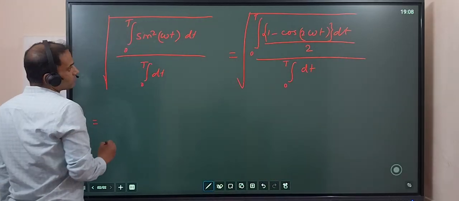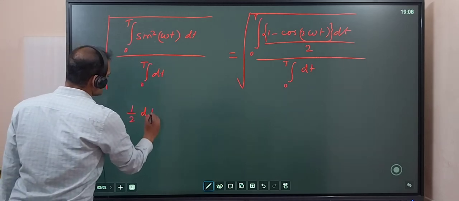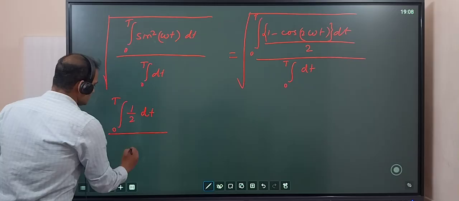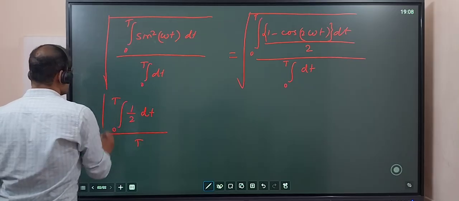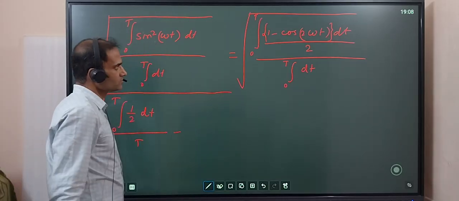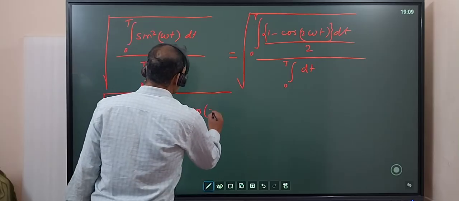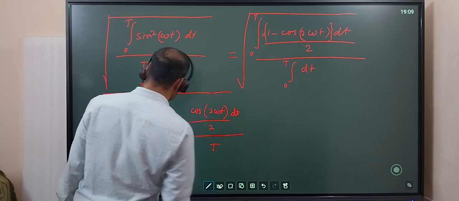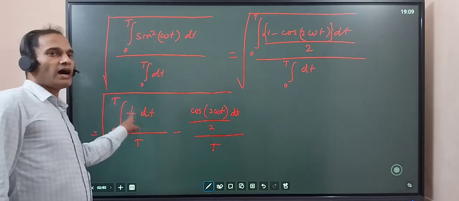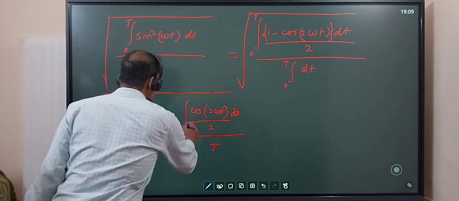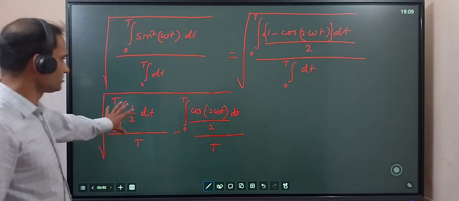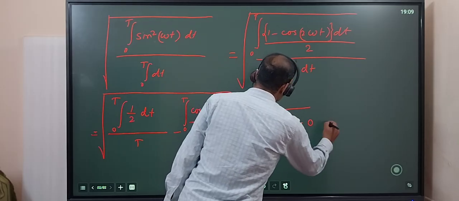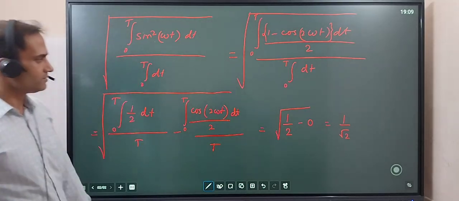So we get 1 by 2 integral of dt from 0 to T divided by just T, under root, minus integral of cos 2 omega t dt divided by 2 divided by T. Now this part will give you half, 1 by 2, and this part will give you 0. I am writing these things directly. You check the result, okay?